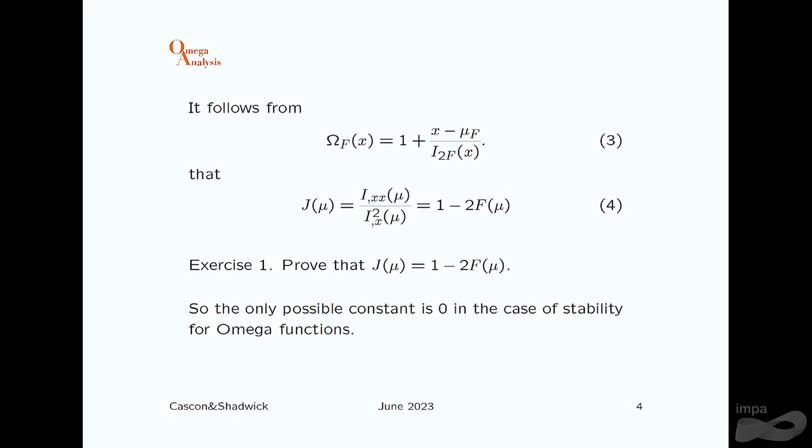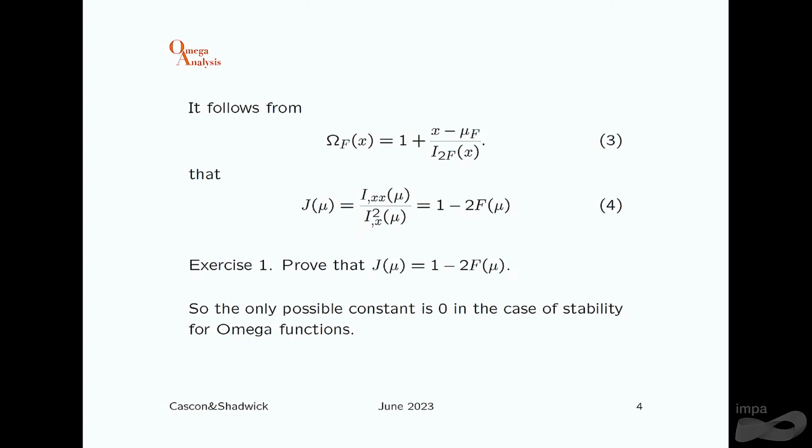And the reason is the description of the omega function that Anna introduced last time. We know it can be written as 1 plus the difference between x and the mean of the distribution f, over the I2 of f, the integral from x to infinity of 1 minus f of x.